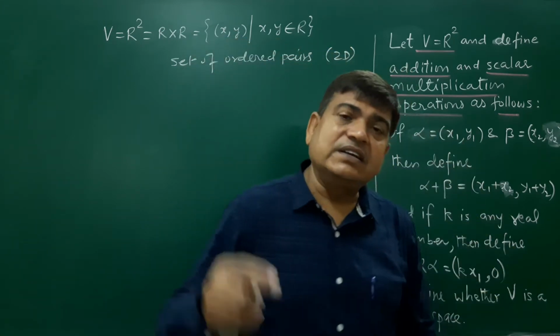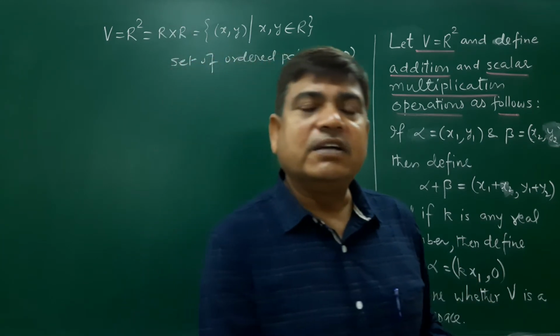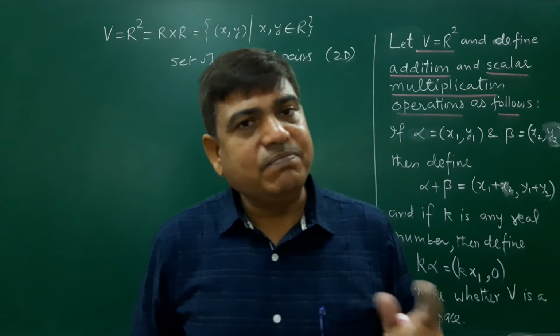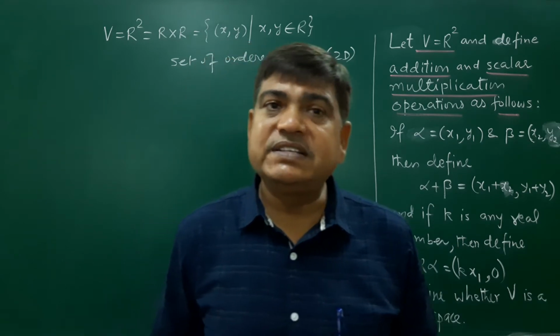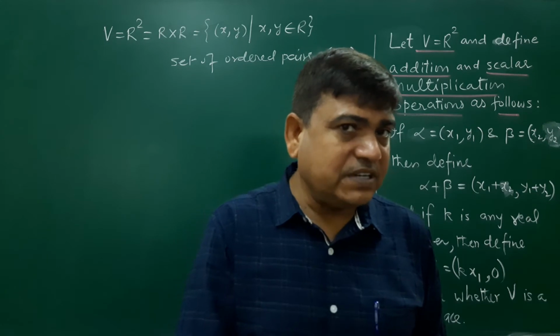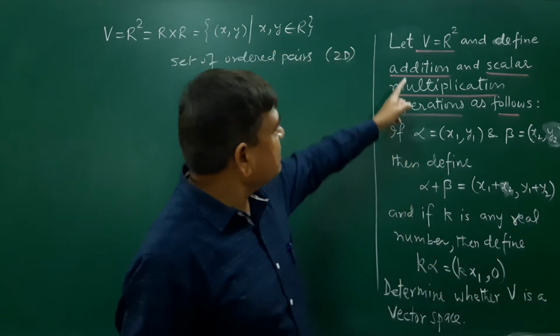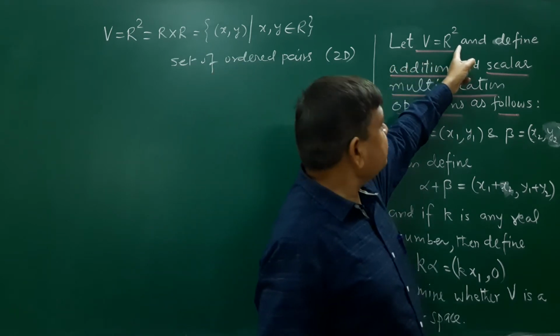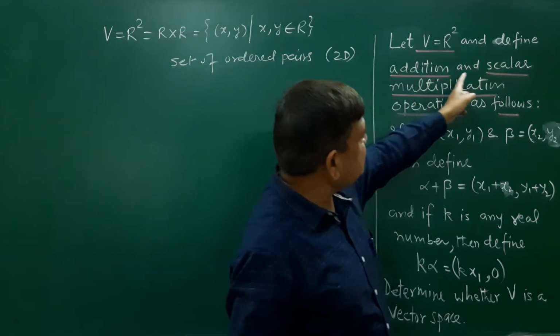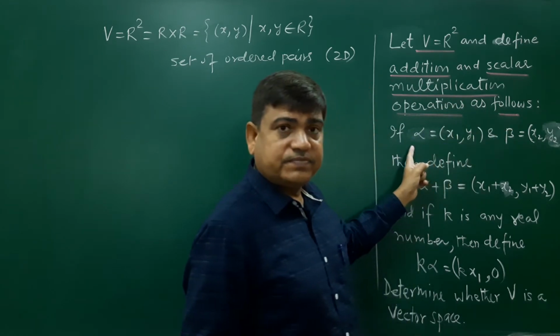Similarly, standard scalar multiplication is just like multiplying a number by a matrix. We multiply all the elements of the matrix by that particular number. So this is standard addition operation and standard scalar multiplication.